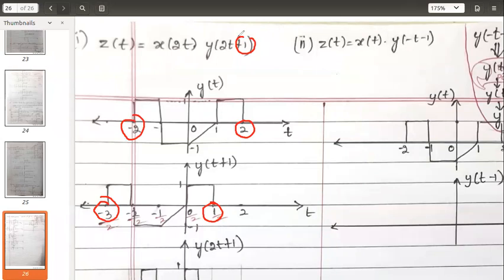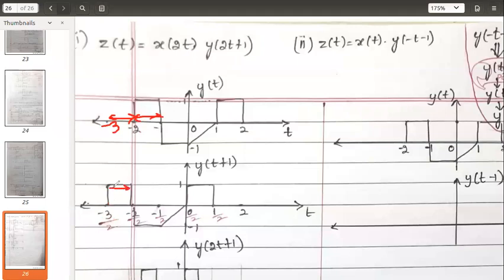Okay, let me proceed. If I get anything in the chat box, I'll answer. This is about the shifting. Let me just repeat it one more time. If I shift this one pulse here, the new value is between -3 to -2.